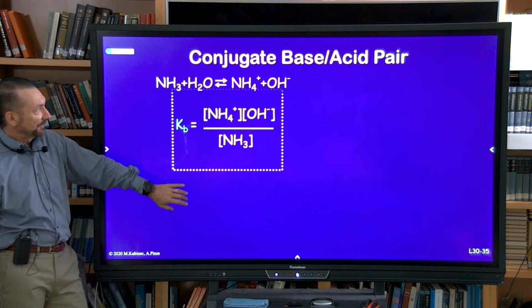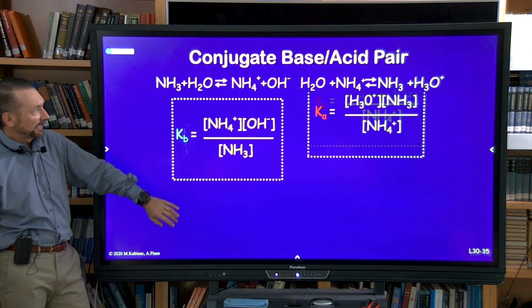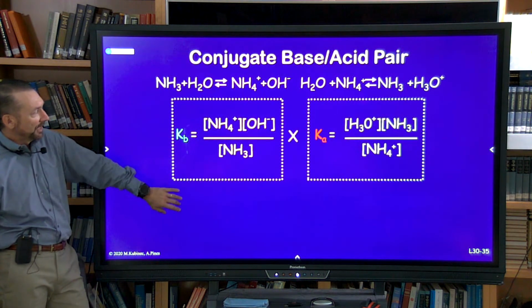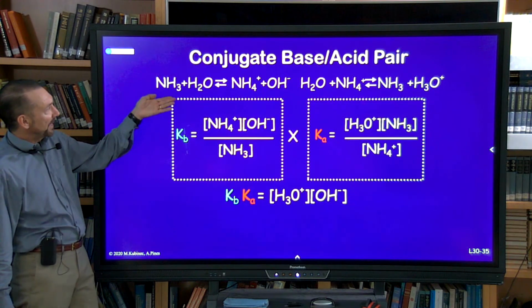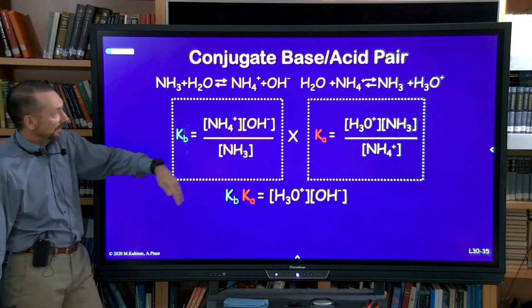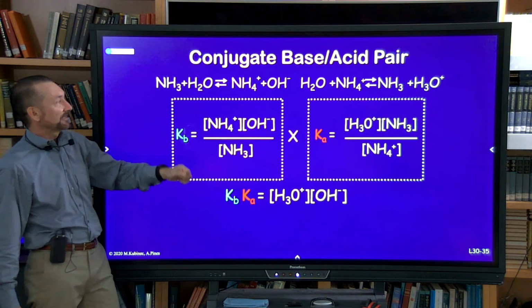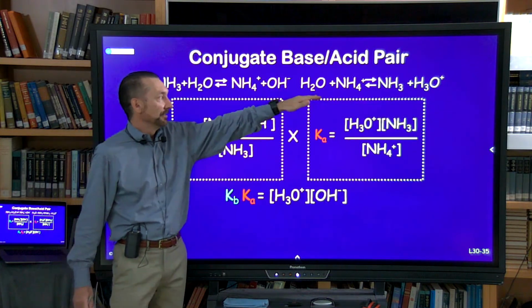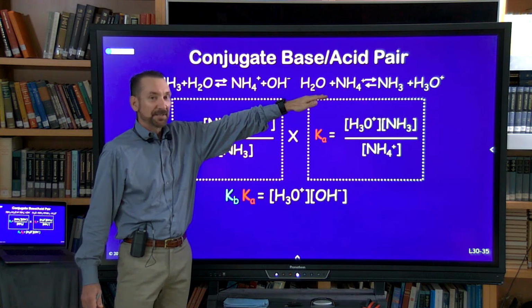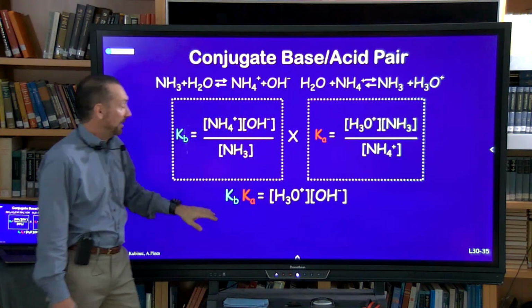I think we're going to see this now again. So this was the acid. Animations are acting a little funny this morning. So this is the same slide, just reflecting now of ammonia and the ammonium ion. We had acetic acid and the acetate ion. So we had the conjugate acid base pair, and now we're saying this is a conjugate base acid pair.